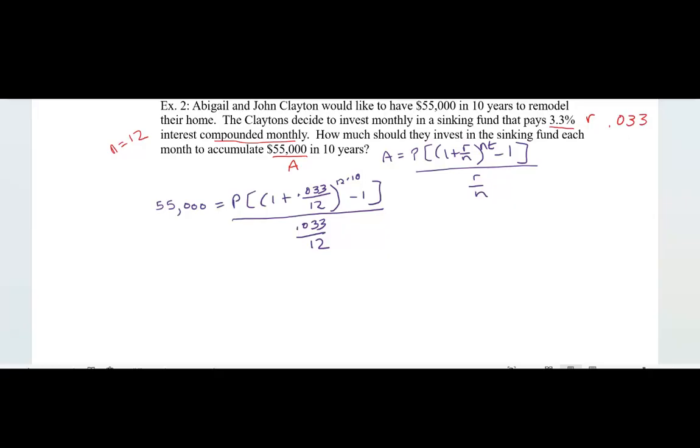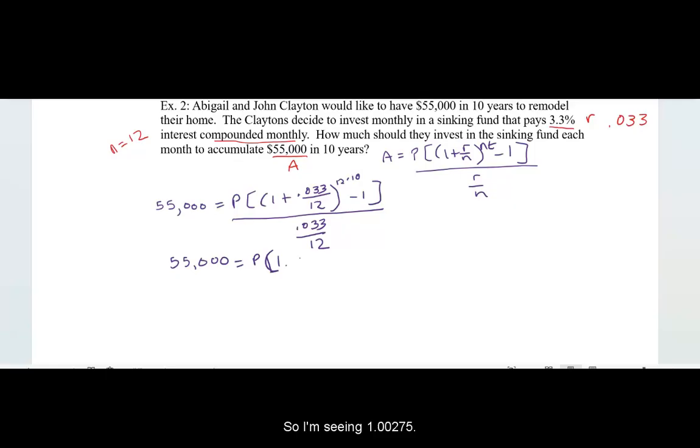All right, 55,000. So we can't do anything on the left-hand side, right? But we are going to do this innermost parenthesis. So we're going to take, oops, let me keep that as a bracket, actually, because we're not done yet. So take 0.033 divided by 12, then add 1. Okay, so that's going to be your first step. I'll write down what I'm seeing here.